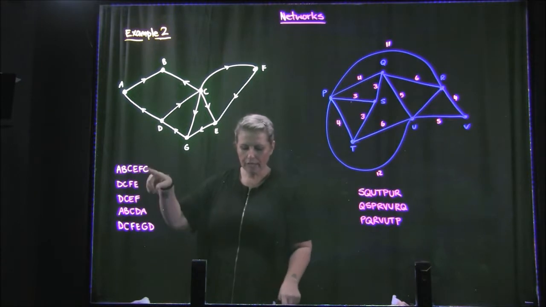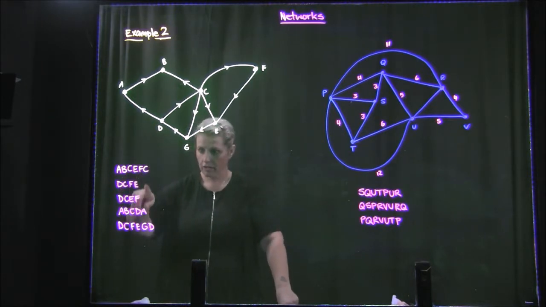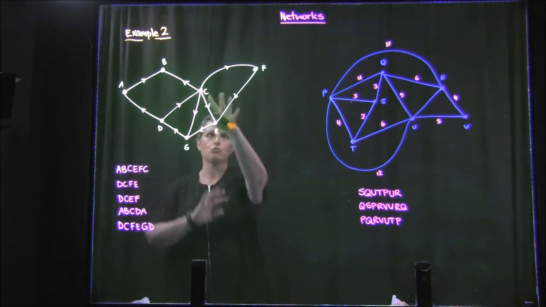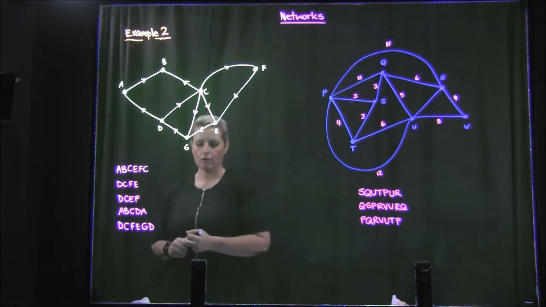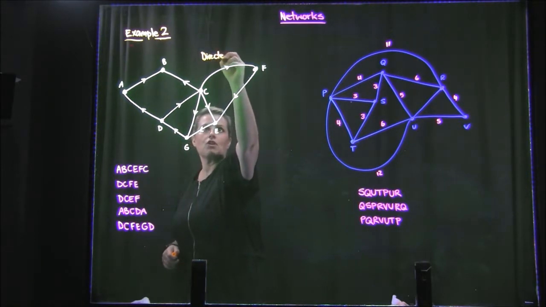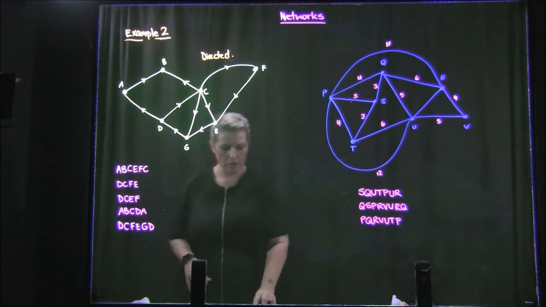If we have a look at A, B, C, E, F, C, we can see that this network is a directed network. First of all, it's directed, and we know that because of these arrows indicating direction on the network.